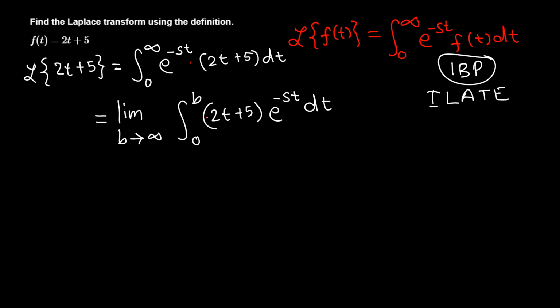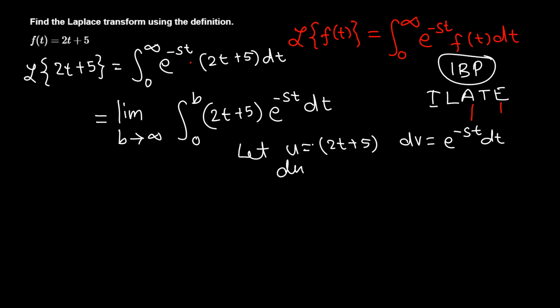In this question we have algebraic and exponential, so the algebraic comes first. This is our u, and the remaining is dv. So let u be 2t plus 5 and dv be e to the negative st dt.